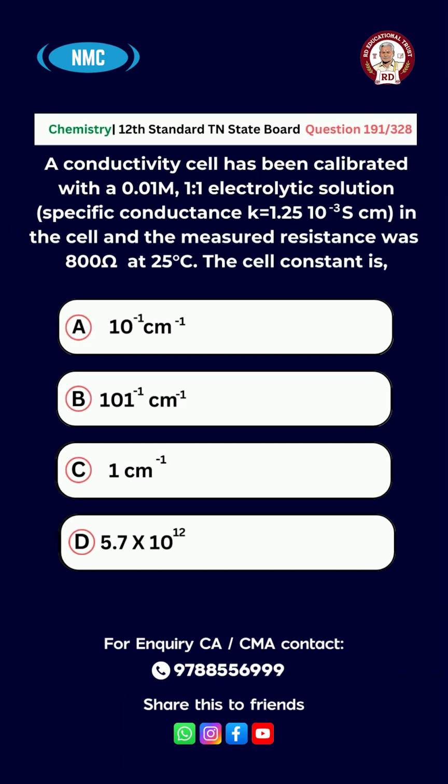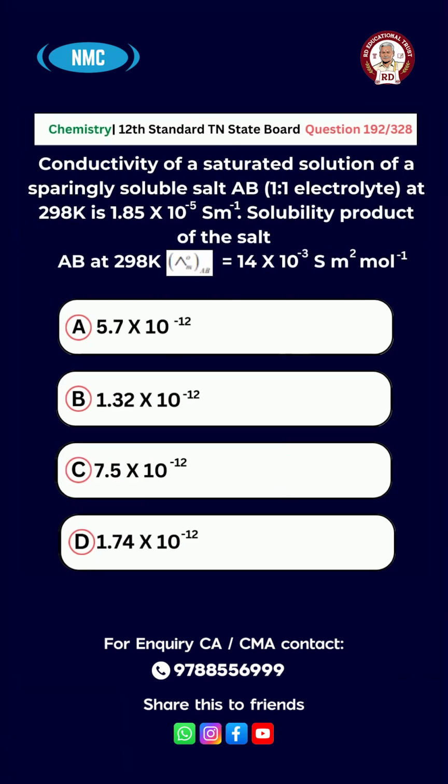The cell constant is: Option A. 10 inverse centimeter inverse. Option B. 101 inverse centimeter inverse. Option C. 1 centimeter inverse. Option D. 5.7 into 10 to the power 12. The correct option is option C. 1 centimeter inverse.